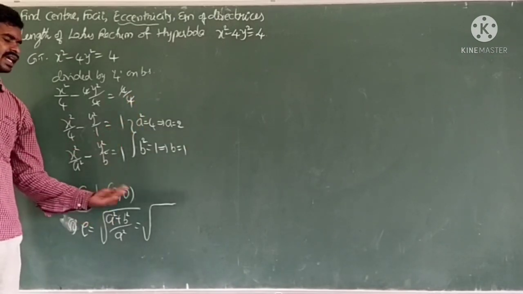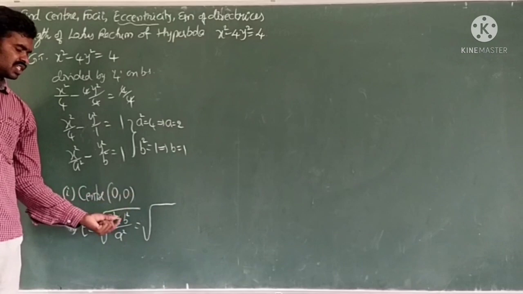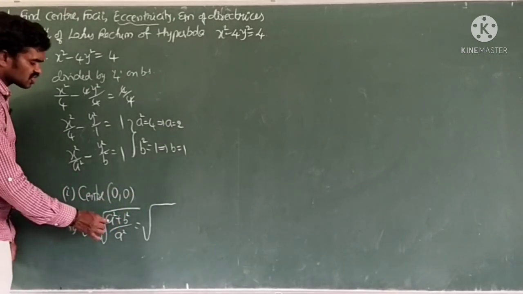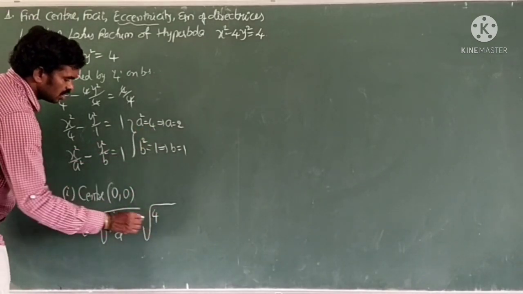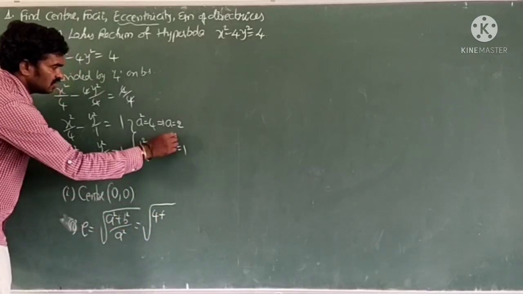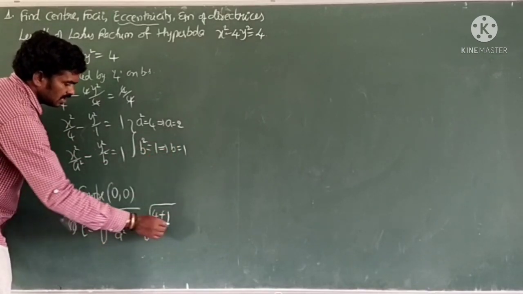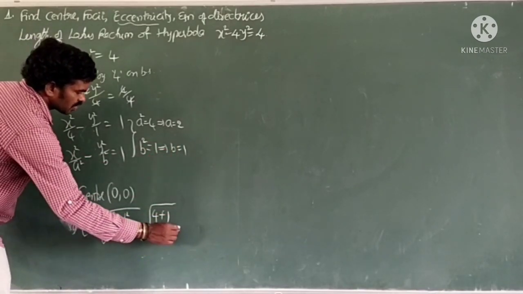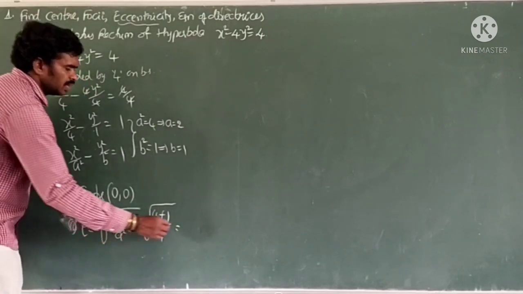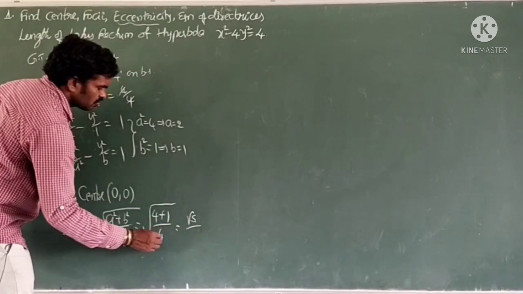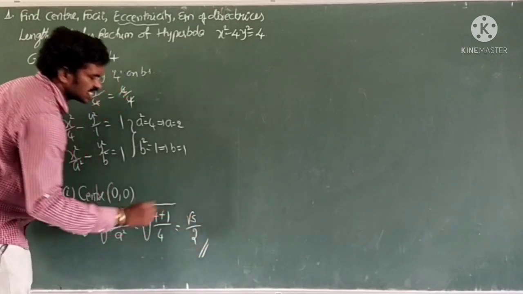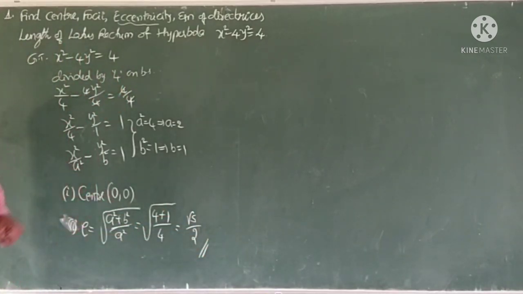Here it is greater than 1, and to get greater than 1 we must add. What is the a square value? 4, plus b square value 1, and by a square, which is 4. So root over 4 plus 1 is root 5, by root 4 which is 2. This is the eccentricity. The e value is root 5 by 2.